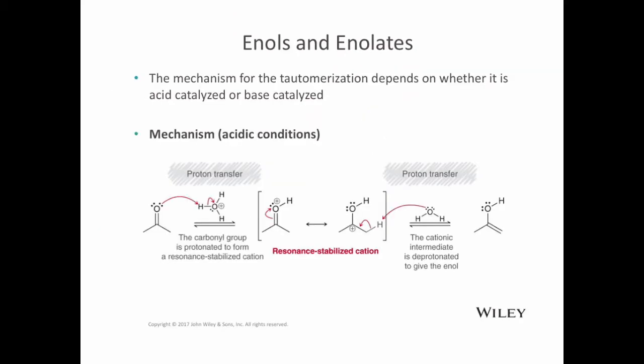So how do we go mechanistically from the keto form to the enol? Well, it depends upon whether we're in acid or we're in base. So if we're in acid, the first thing we're going to do is protonate the carbonyl oxygen with acid. Now that forms a resonance stabilized cation. So if we draw it in this resonance form, then we can have a molecule of water do a proton transfer to form the carbon-carbon double bond to get to the enol.